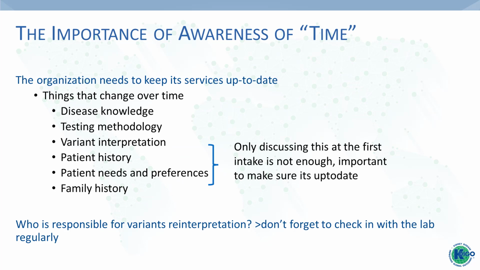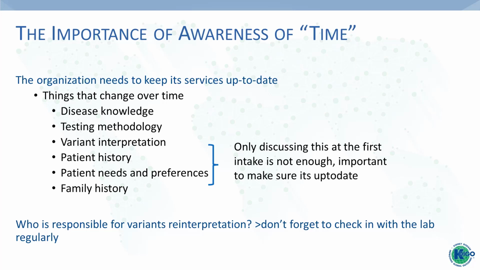We also wanted to discuss with you the importance of awareness of time, because time is very important in nephrogenetics. And why is this? It's because the organization needs to keep its services up to date with regards to disease knowledge, which keeps changing, testing methodology that changes basically every time you blink an eye, variant interpretation, but also patient history, patient needs and preferences, and family history, because families always change.